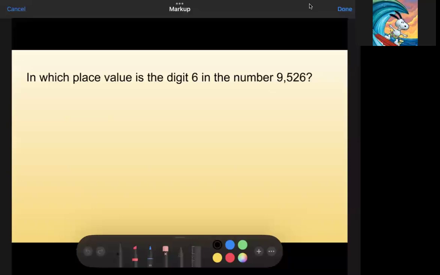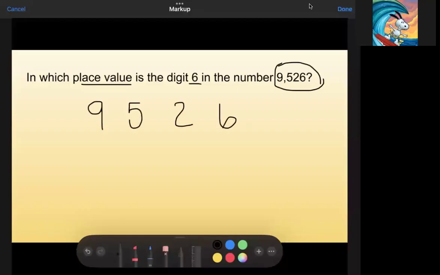Okay, so let's start with our first number. Our first number here is 9,526. They're asking us what is the place value name for the digit 6 in the number. So let's rewrite that number here, 9,526. If we want to, we can put a place value chart over it, just like the one we just looked at.